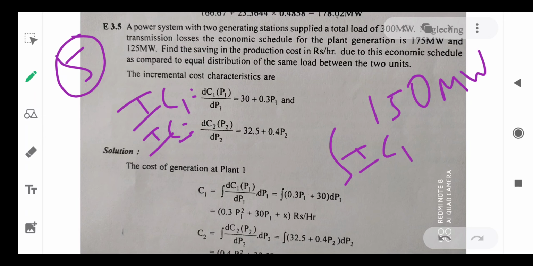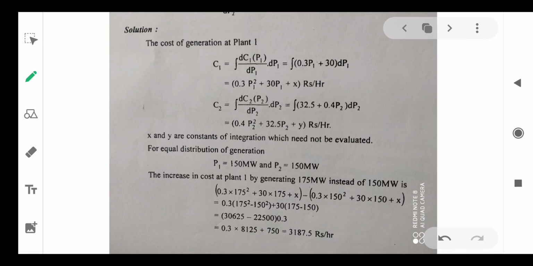By integrating, you'll get 0.3 P1 square plus 30 P1 plus some constant. Similarly, C2. That constant is taken as x here, y for the second case. X and y are the constants. P1 and P2 are obtained as 150 and 150. By using that expression, the increase in the cost at the plant 1 is obtained.